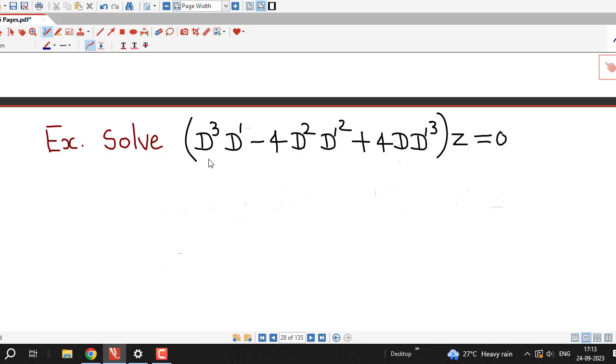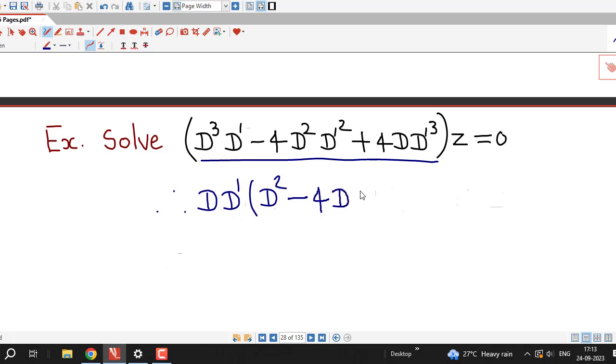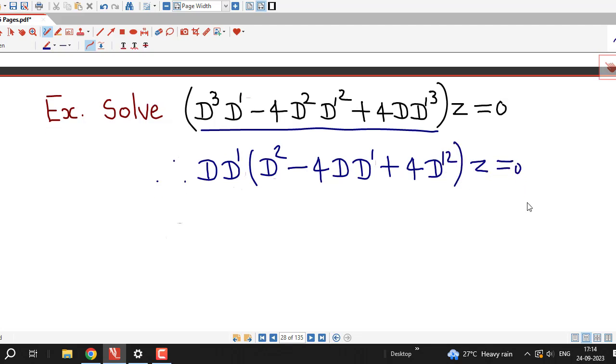Another example, here we have a homogeneous function of degree 4, and we can rewrite this. You can see from each term I can take D into D dash common, and here I am left with D square minus 4 D D dash plus 4 D dash square z equal to 0.